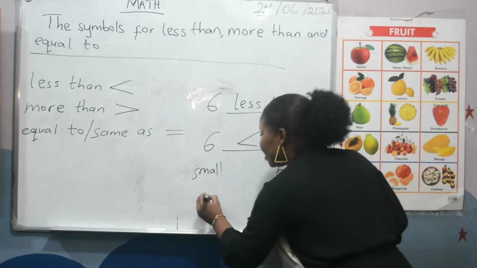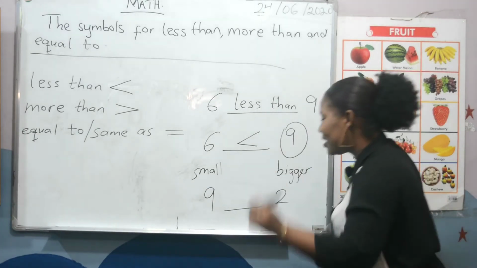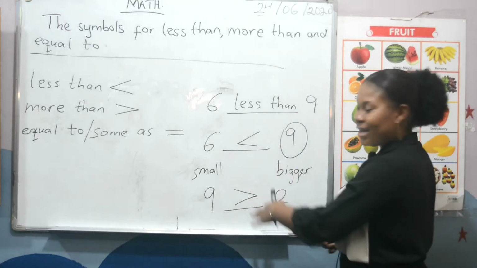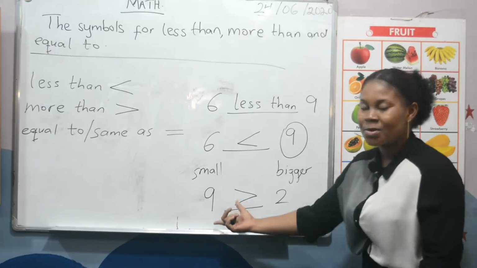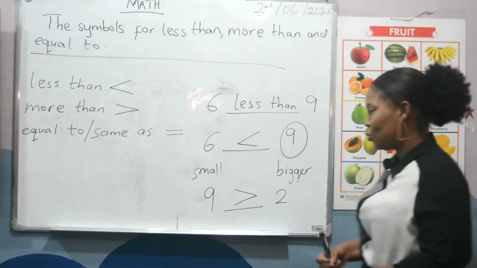So when we have 9 and 2 here, the alligator will open its mouth and take the 9 because 9 is bigger than 2. So it becomes what? Greater than. 9 is greater than 2.